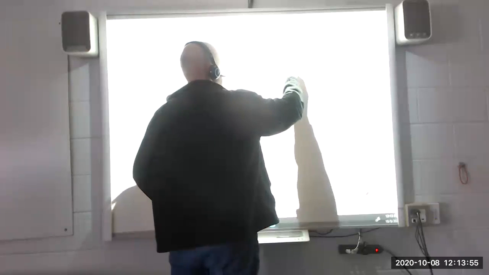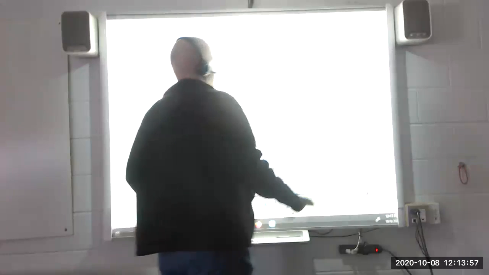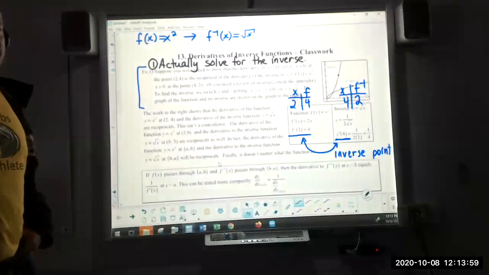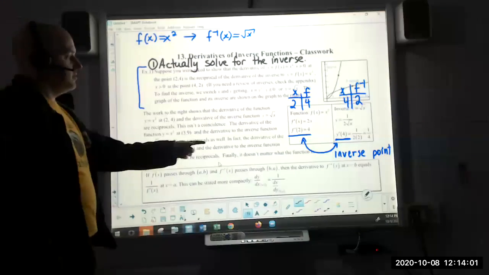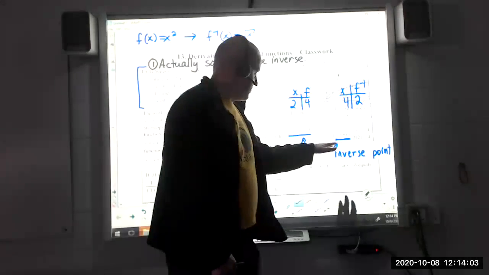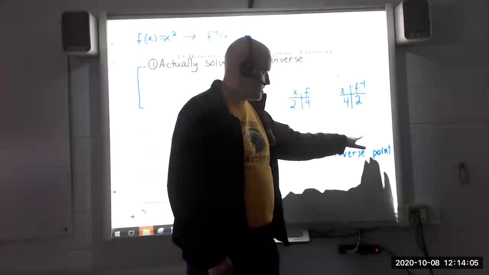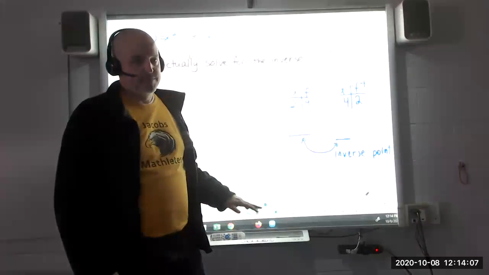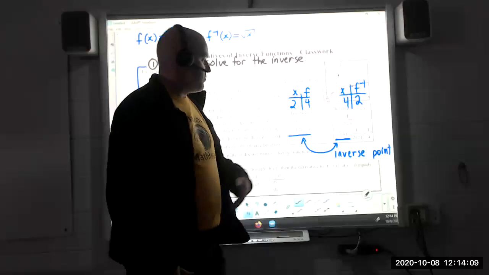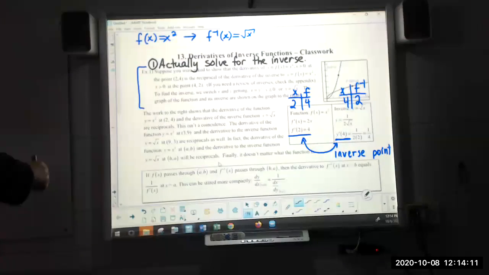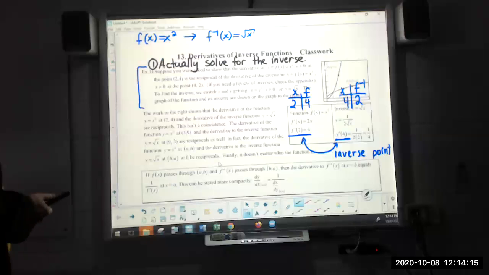Sometimes it works out where you have a formula for f that you can actually solve for f inverse. And once you do that, you still have the same things though. We talked about how the slopes are reciprocals, 4 and 1/4, but they're at the inverse point in f at 2 and in f inverse at 4.